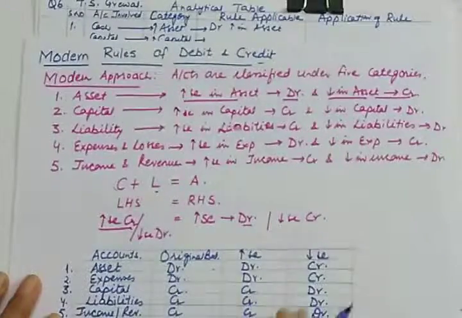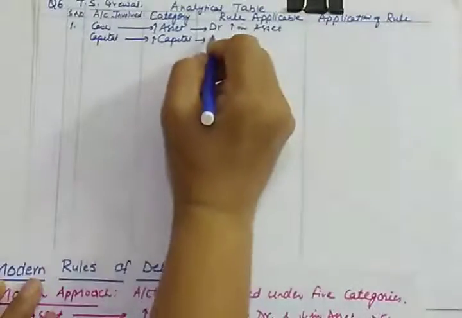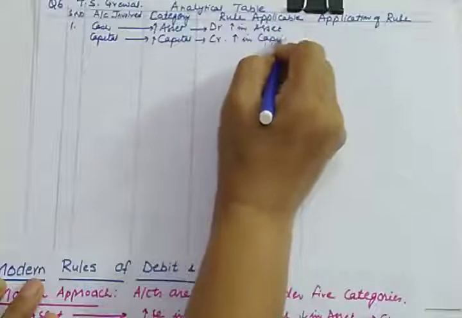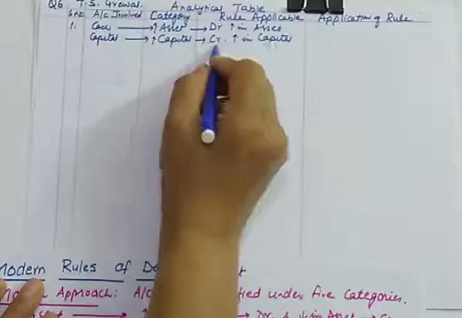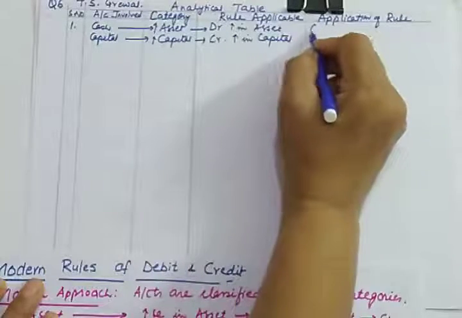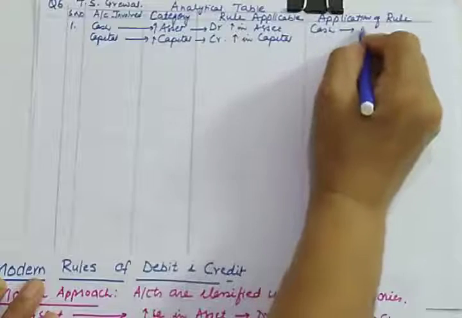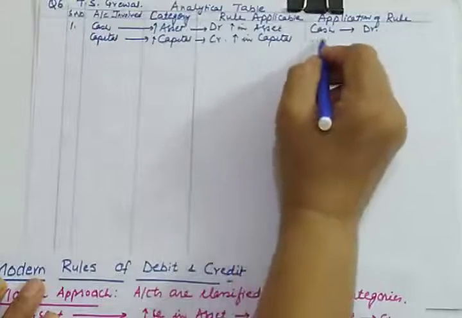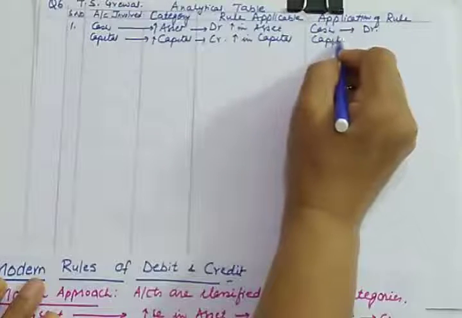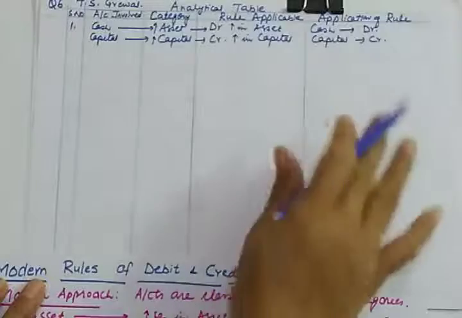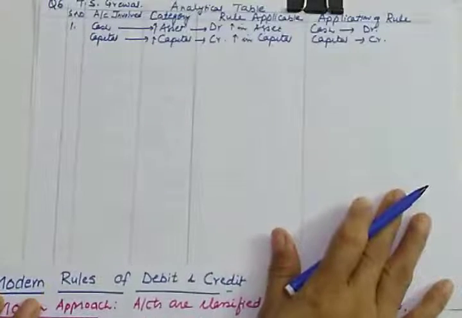Capital increase, credit. So credit increase in capital. So finally connect this with this. What is to be debited? Cash debit. So here you will be giving debit to cash and credit to capital.